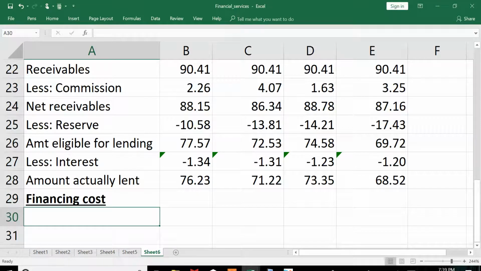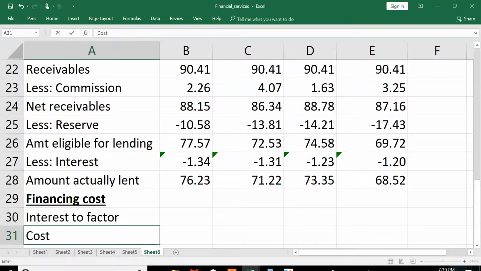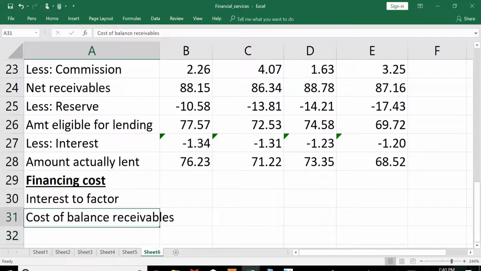Now my financing costs are going to be of two types. Listen: interest to factor and cost of balance receivables.